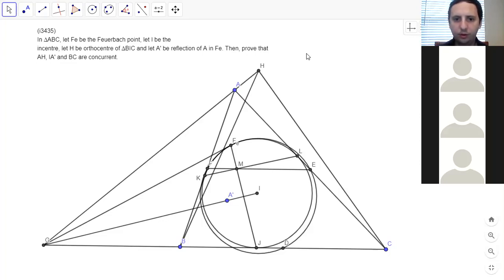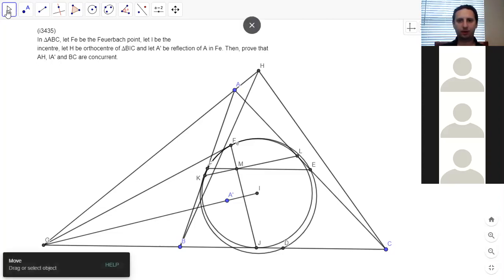Proving the existence of G. Okay, so first you show that G, okay, basically we want to show the reflection of A over the Feuerbach point lies on G. Okay, so yeah, I'm not sure.